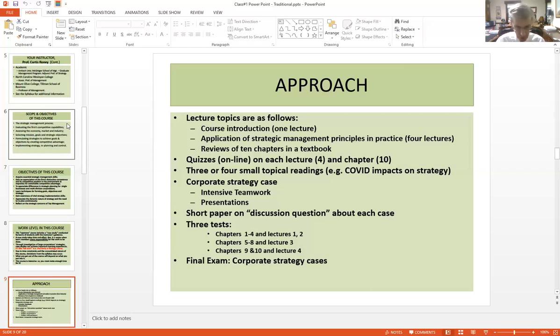Now, there's a fine line here. I want to make sure that you do the strategic plan, the work on this strategic planning case. On the other hand, I don't want to impose myself so much that you feel like you don't have to do it or you want to wait for me to do it for you.